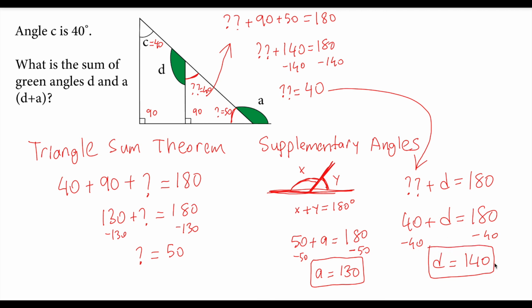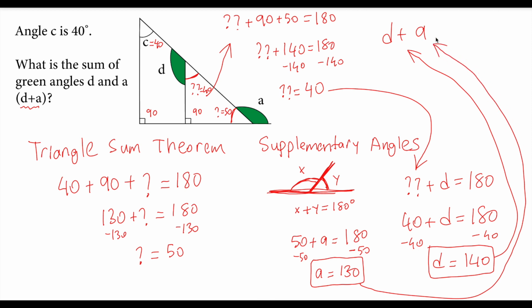So if we add them, what do we need to know to answer? We need to know D and A. So I will plug this value here in D plus A. So I know D. I will plug this right here into A. I know A as well.